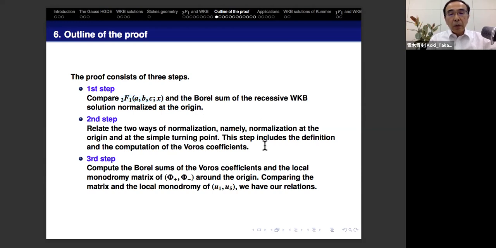And this step includes the definition and the computation of the Voros coefficients of the hypergeometric equation.